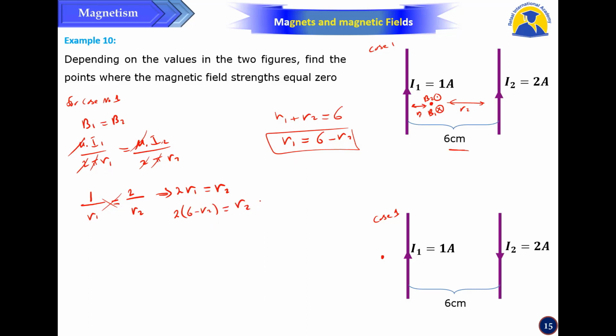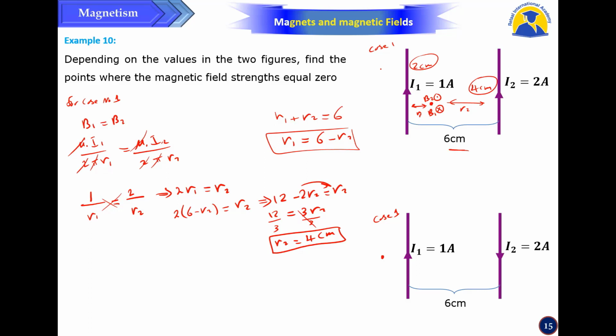Then we will have just one variable, which is R2. 2 multiplied by 6 is 12, minus 2R2 will equal R2. We move this one here, so 12 will equal 3R2. We divide both sides by 3, so R2 will equal 4 centimeter. So R2 is 4 centimeter, then R1 will equal 2 centimeter.